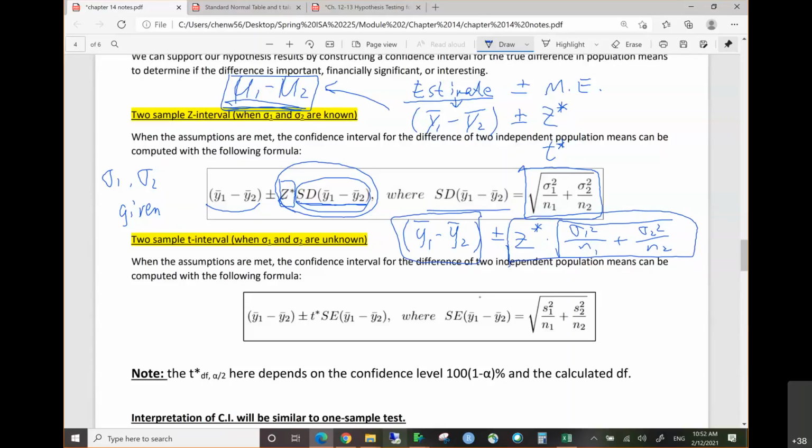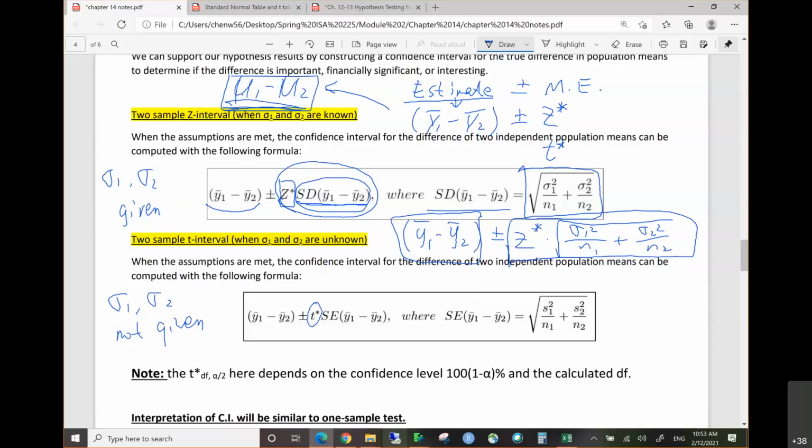Similarly, if sigma 1 or sigma 2 or both of these two are not given, we do not have the z star anymore. We have the t star instead.